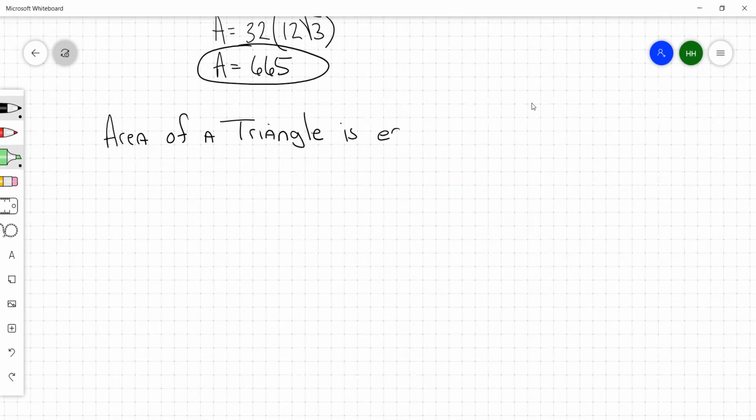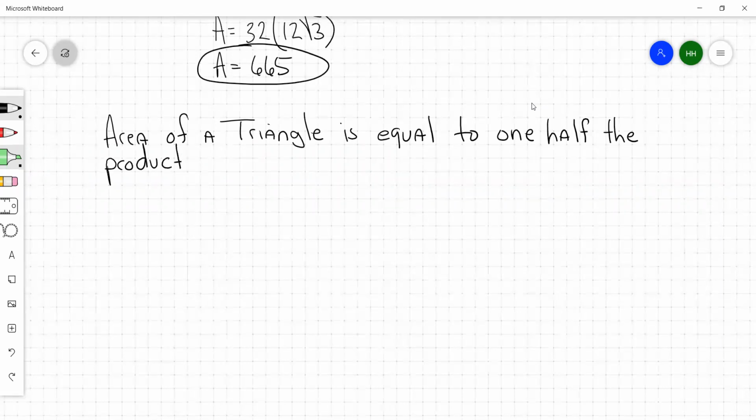Area of a triangle is equal to 1/2 the product of the base and height.